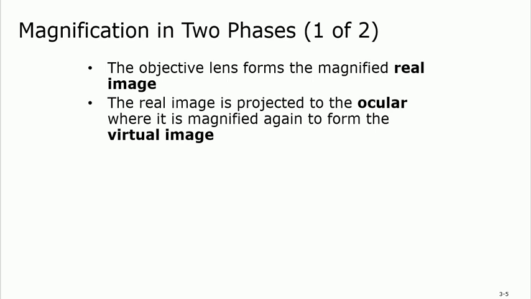The objective one magnifies to some extent, and gives you the real image. So objective gives you the real image, ocular will give you the virtual image. So if we go back to this slide again, this is objective and this is ocular. This is the real image and this is the virtual image. Okay, so far?